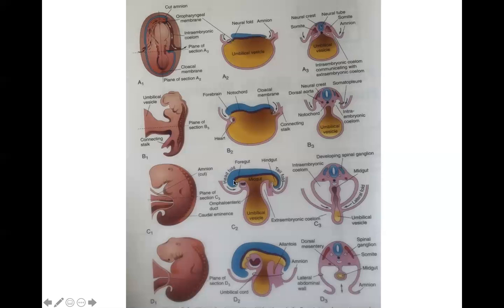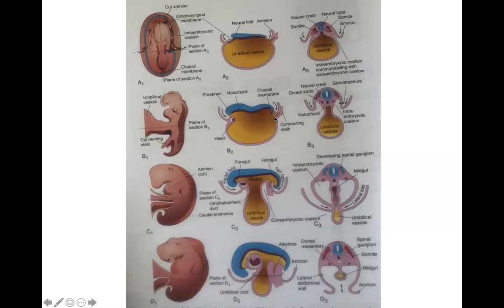Then what happens is, this would be the amniotic sac, all up around here, right? So the amniotic sac folds around as well, and as this happens, all of this basically pinches off. This is the allantois here.